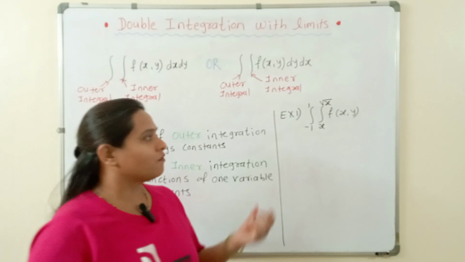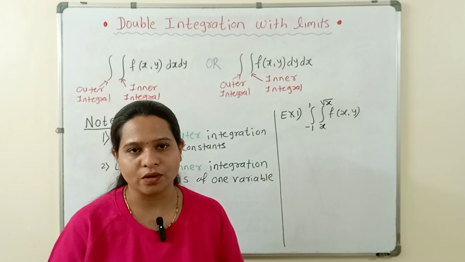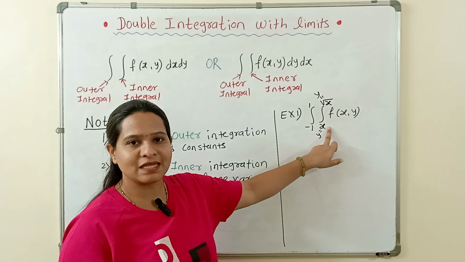Now, the main important part is how to decide the order. As I told you, we can decide the order by observing the limits of inner and outer integration. Here the limits of inner integration are in variable x, which means these are the values of y, because x equal to x would not make any sense.